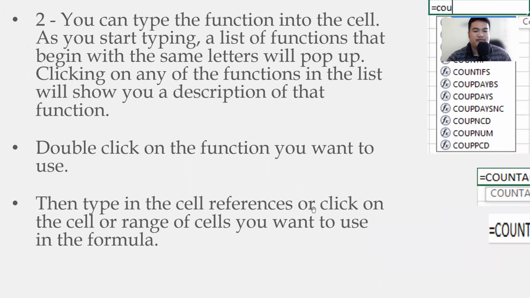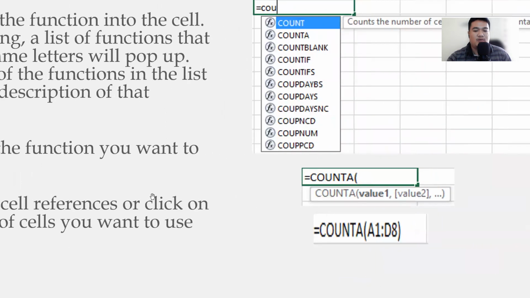Then type the cell references or click on the cell or range of cells you want to use in the formula. So just like this one. In this case, let's say you double click COUNTA. It will start the function COUNTA and then open parentheses, and then it will give you the syntax for how to use the function.